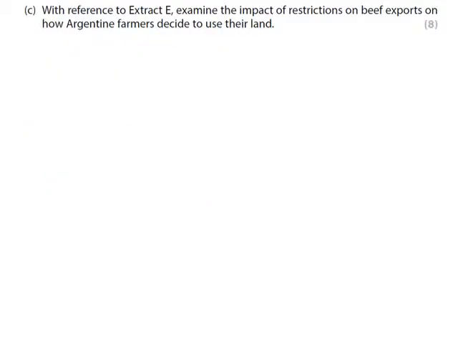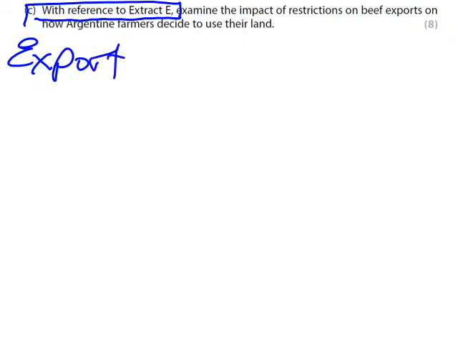With reference to extract E, examine the impacts of restriction on beef exports on how Argentine farmers decide to use their land. So it mentioned the export restrictions, so assuming that they are quotas or tariffs.